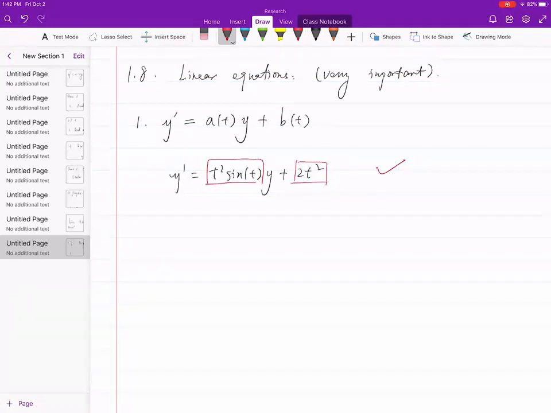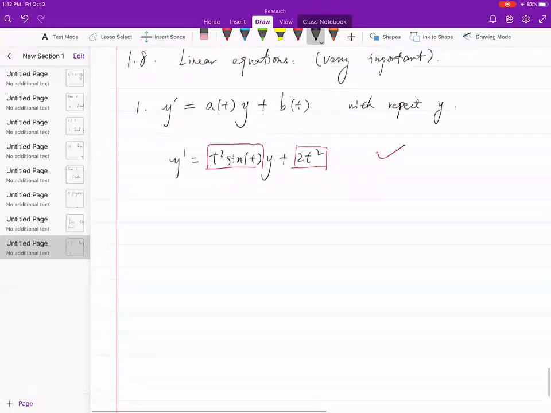But clearly, everything I put in the red box is not linear. Right? You have sine, t squared, and everything in there. So the key here is it's linear with respect to y. t can be anything. Okay. So this is good.